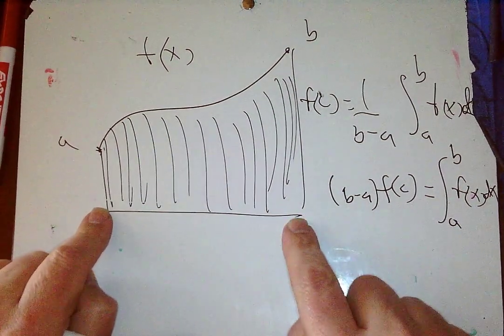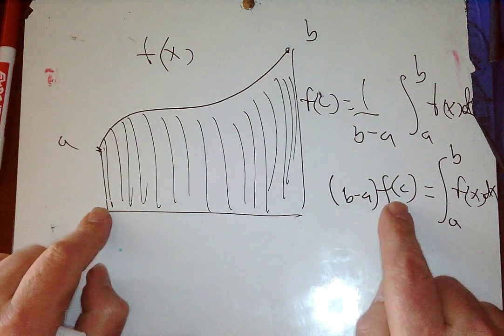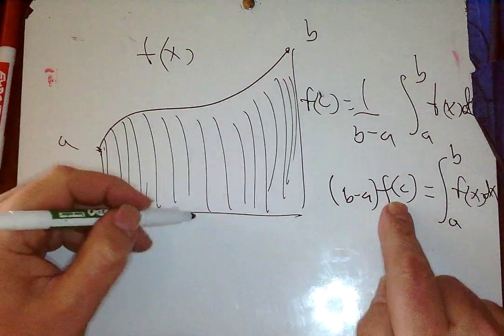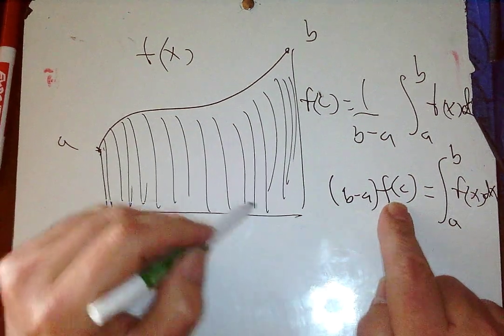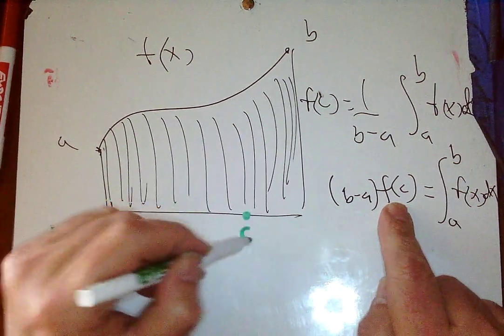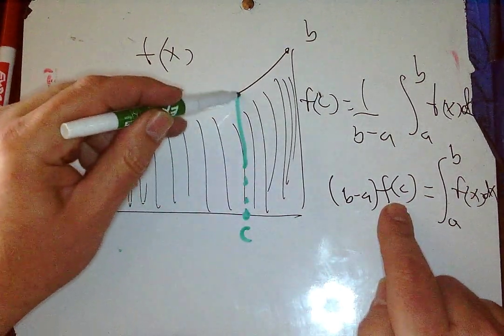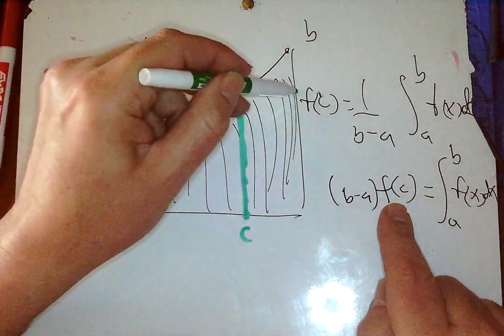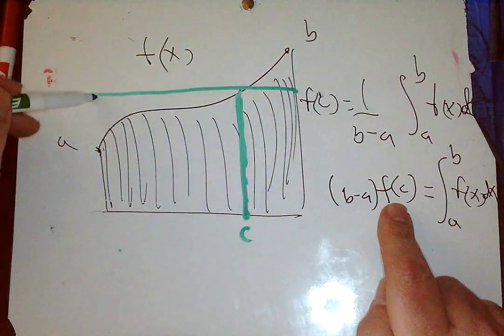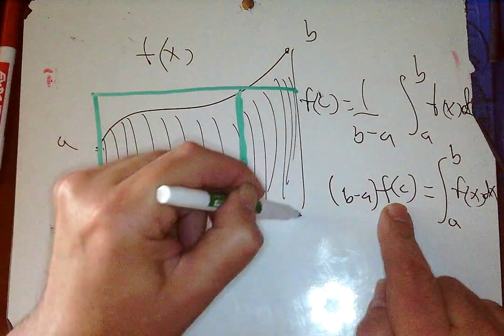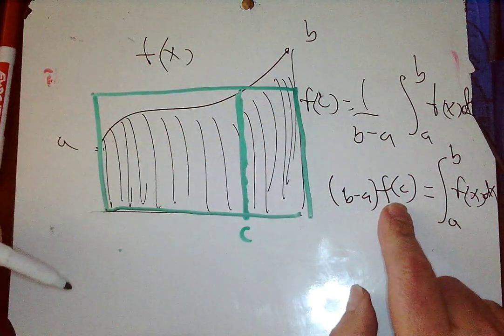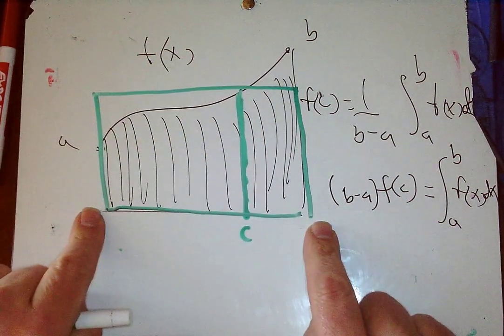Well, great, I don't have to do anything with that. Times f of c. There must be some point x equals c such that that y value makes a rectangle with b minus a.